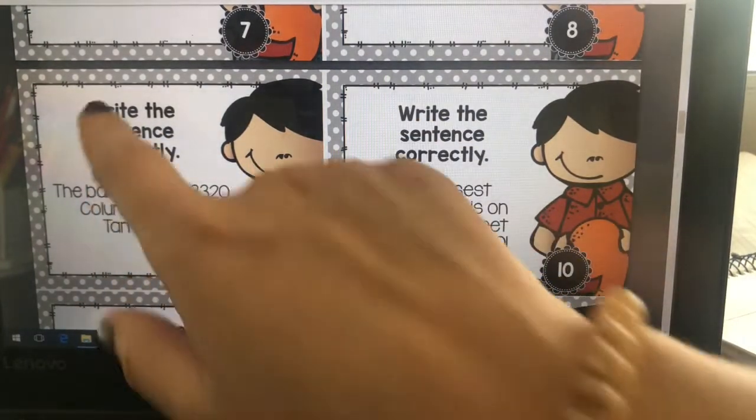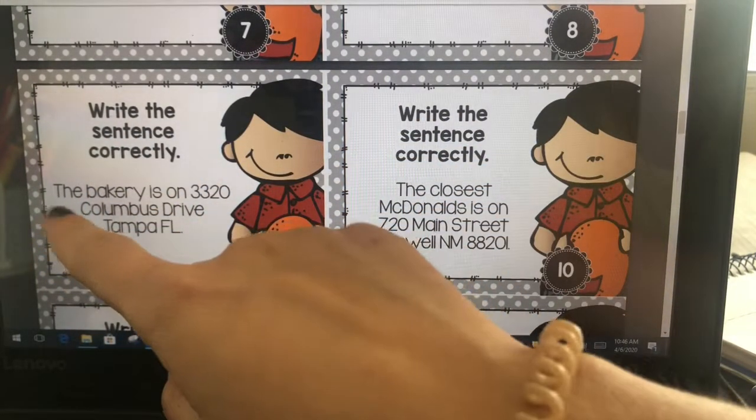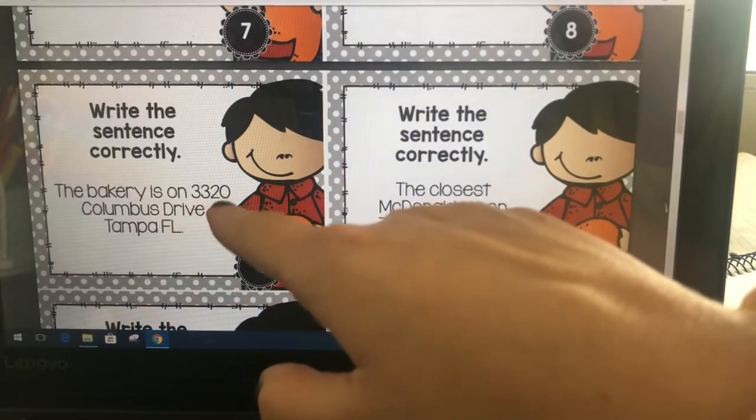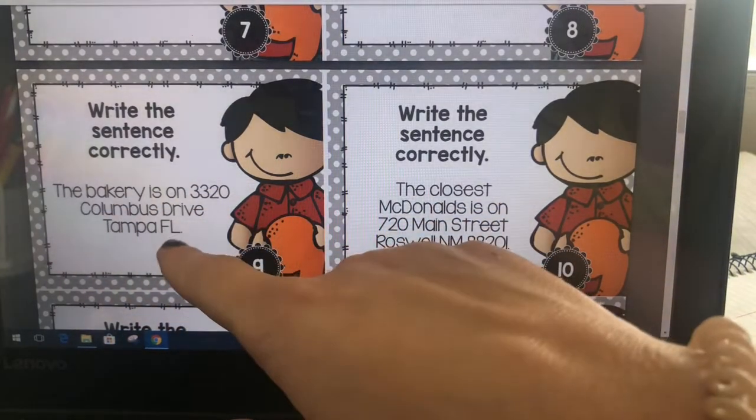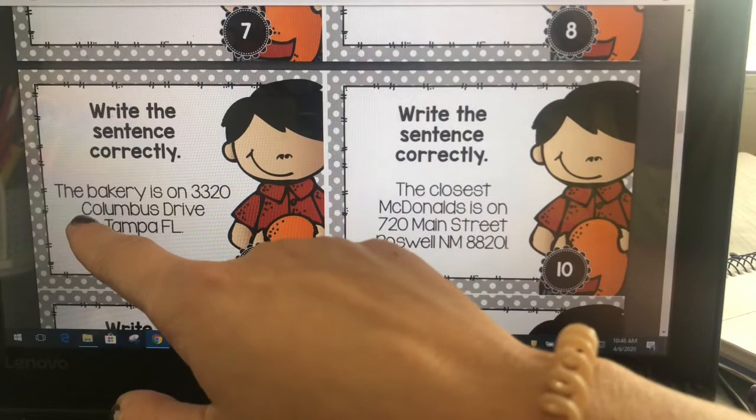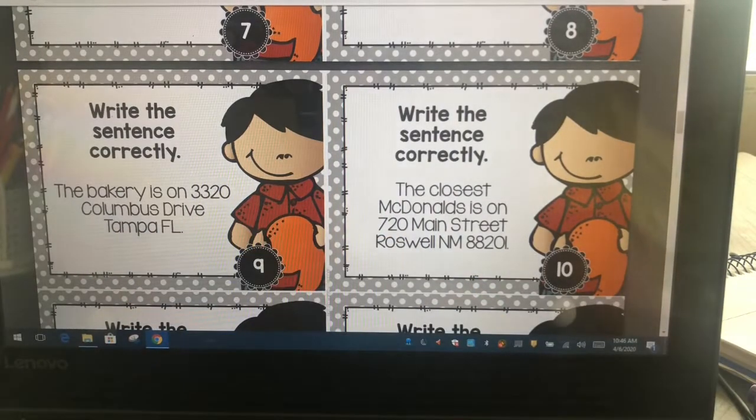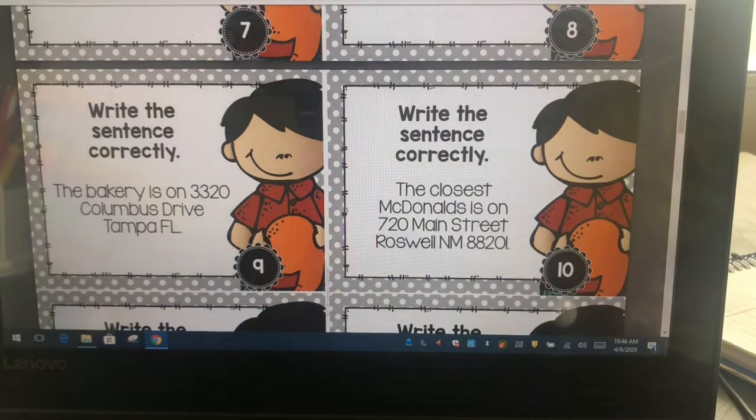So here is a write the sentence correctly task card. The bakery is on 3320 Columbus Drive, Tampa, Florida. Now I notice that the proper nouns are all capitalized. We have to add the comma in the right spot.